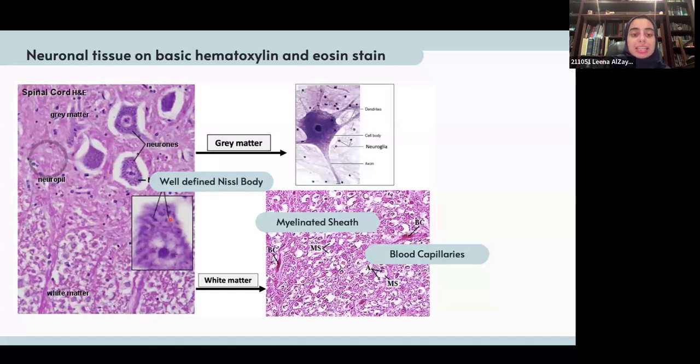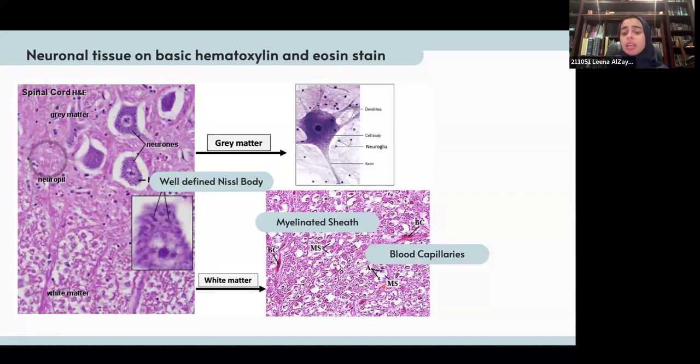Around it, you can see the Nissl bodies. Nissl bodies represent the availability of ribosomes, and as we know, ribosomes are available in the cell body of the neuron. So this indicates that we are at the location of the cell body of the neuron. A very good indicator that you are in the cell body is that you can see these Nissl bodies, these dotted structures. So this is the perspective in the neuron.